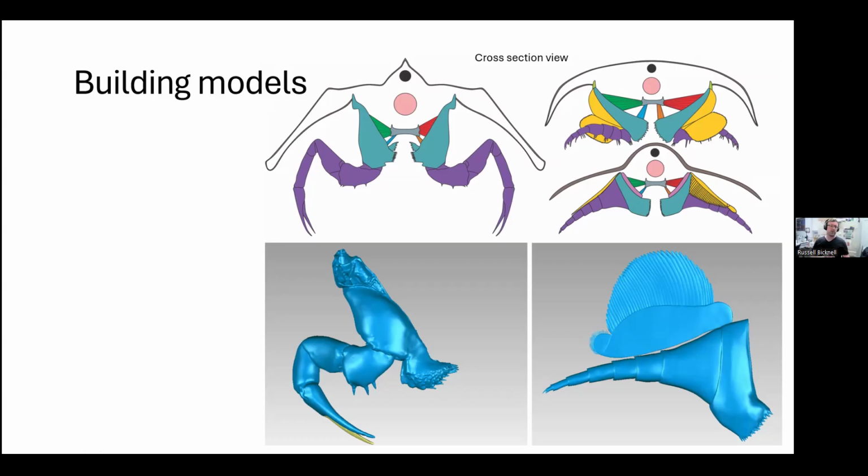Then we need to reconstruct our animal. With the horseshoe crabs, we can chuck them in a micro CT scanner. It makes life quite easy. We don't need to work too hard to get that three-dimensional reconstruction. But our fossils are a different system. They are preserved as two-dimensional impressions in rock. No matter how hard you try, you will not get anything good out of a micro CT scan of a Burgess fossil.